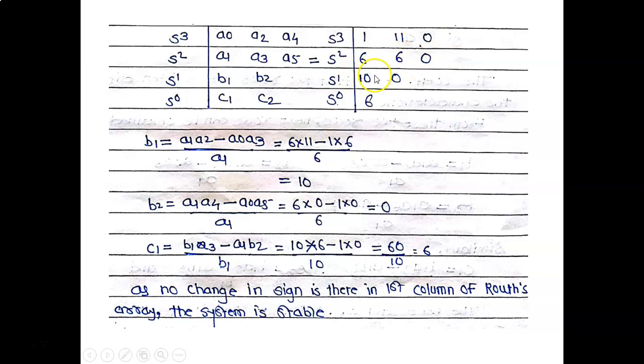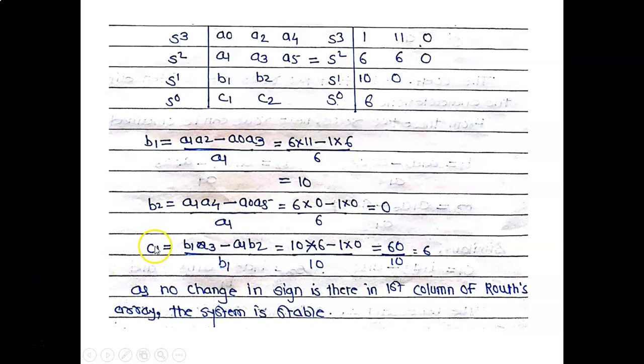Now how to obtain the 10? b1 is equal to a1 a2 minus a0 a3 divided by a1. Therefore, 6 into 11 means 66 minus 6 means 60, divided by 6 means 10. So 6 into 11 minus 1 into 6 divided by 6 is equal to 10. Similarly, b2 is a1 a4 minus a0 a5 divided by a1, which is equal to 6 into 0 minus 1 into 0 divided by 6, which is equal to 0.